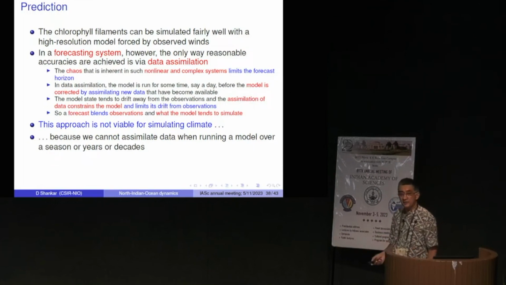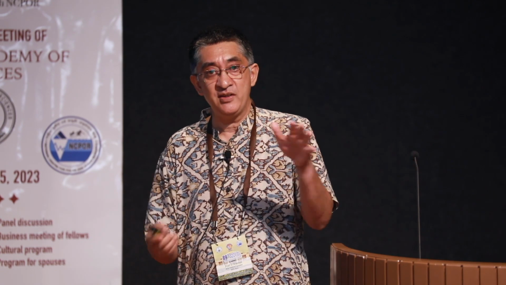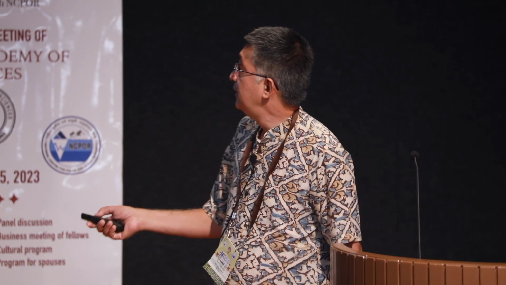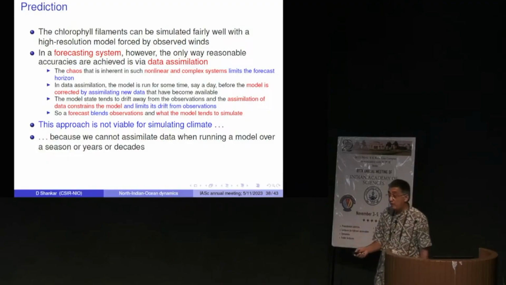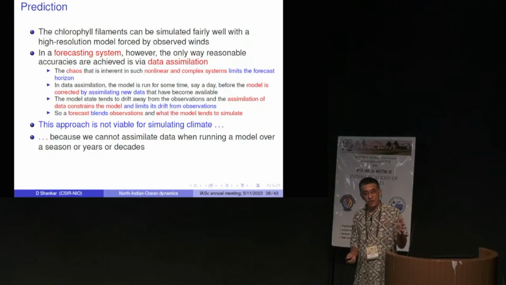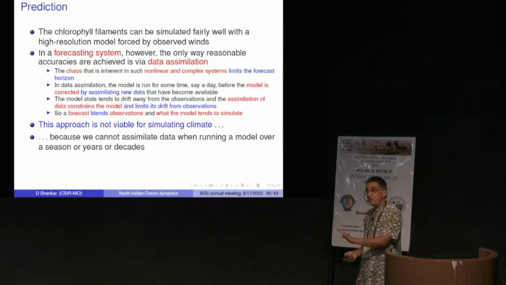So you look at a typical atmospheric forecasting model, you run it for say a day, then you take in the data that Professor Atmanan spoke about from various sources, land and sea, and you assimilate them into an analysis, and you run what's called an adjoint operator. When the model runs backward and forward, it tries to assimilate the observations, blending the observations with the model.